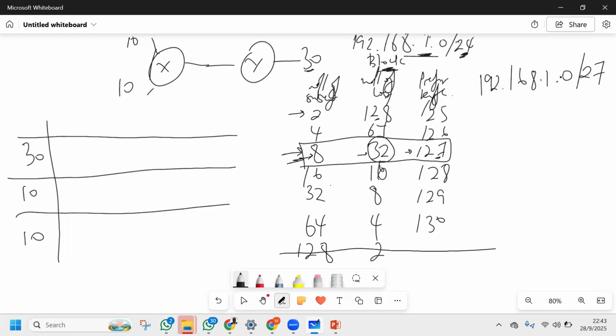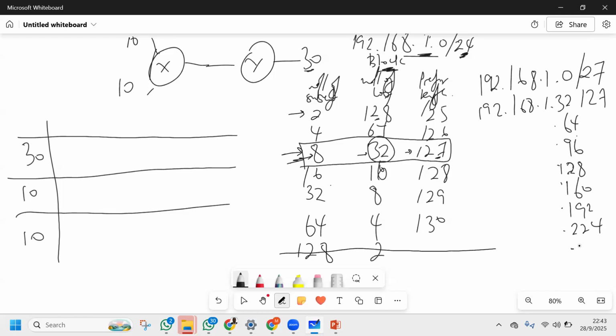So if I add 32 here, I get .32 /27, 192.168.1.32. Then I add another 32, another 32, another 32, another 32, this should be 160, 192, 224. 1, 2, 3, 4, 5, 6, 7, 8.